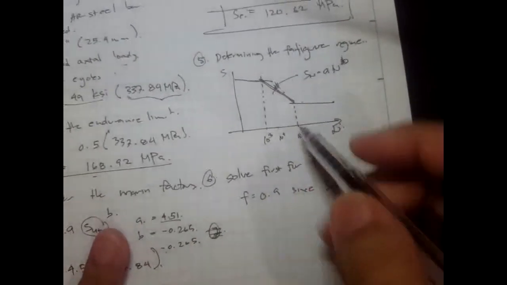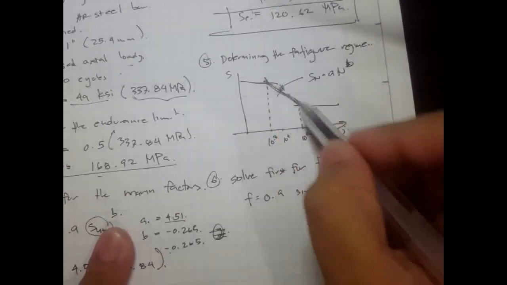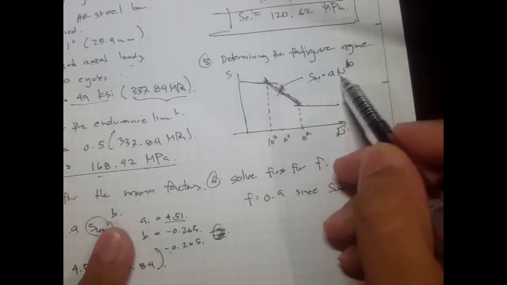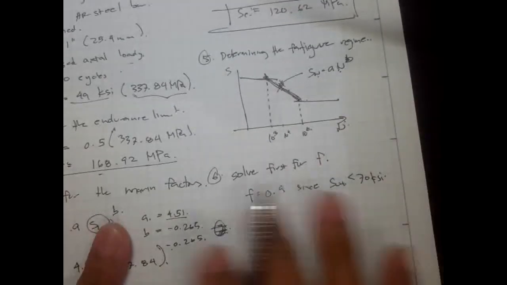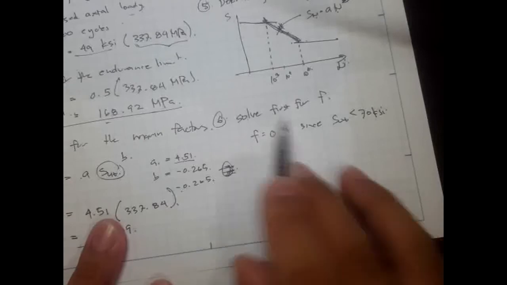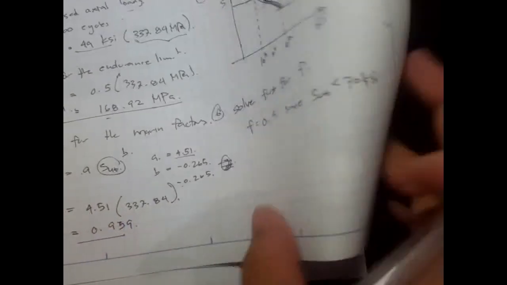So 70,000 cycles is in the region around 10 to the 4, and the strength equation is Sn equal to A times N to the B. We first solve for F, the fatigue fraction, and we found that this is 0.9.